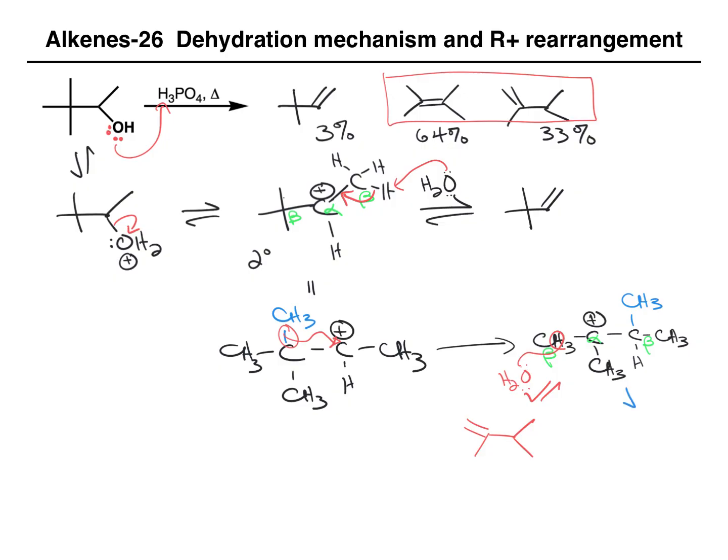Or if water grabs off this proton, that leads to the formation of this alkene. And in this way, we have accounted for all three of the observed products. So keep in mind that even though a mechanism can never be proven, we want to be sure that a proposed mechanism is consistent with all of the experimental results.